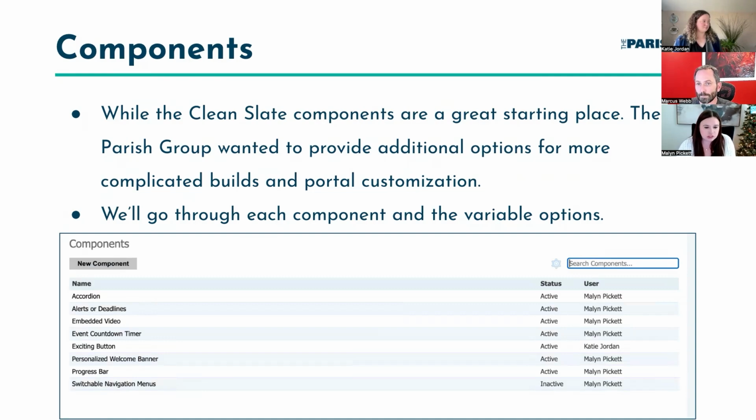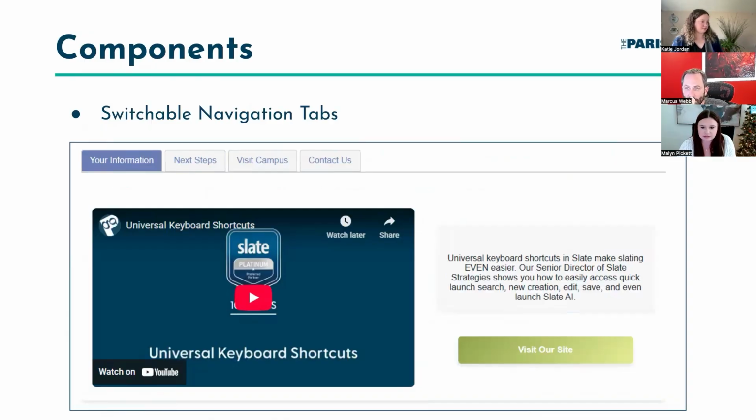They also ensure and promote consistency across portals within your instance. Because the same component can be reused across multiple portals, institutions can ensure a consistent look, feel, and functionality across different types of portals. So we're going to start by looking at a switchable navigation tab component.